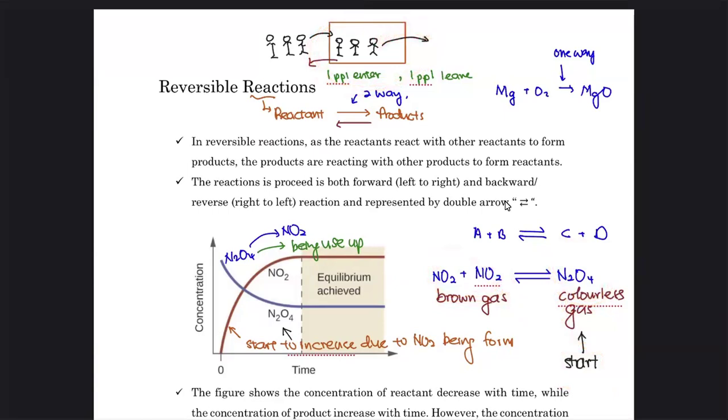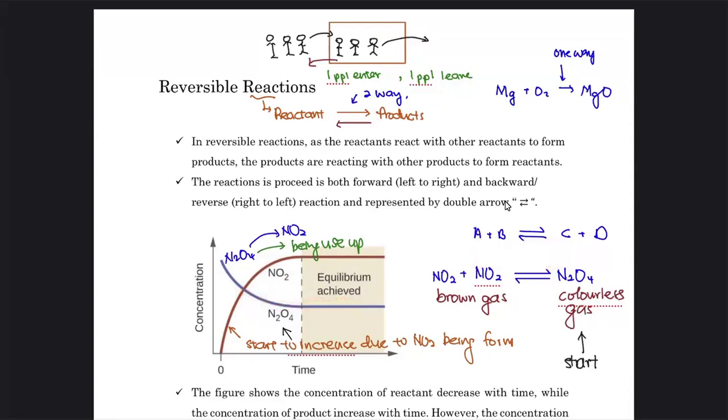So that means when N₂O₄ breaks down and forms a lot of NO₂, the NO₂ starts to form back N₂O₄. So you don't see a lot of N₂O₄ being used up net. Why? Because some of the N₂O₄ is being reacted back from the NO₂, nitrogen dioxide.